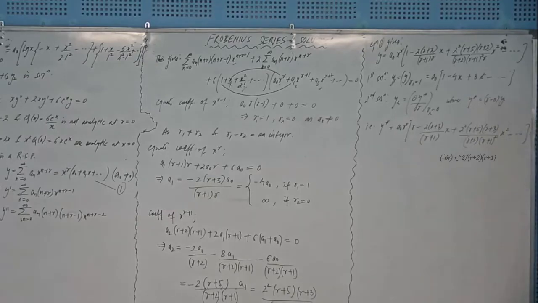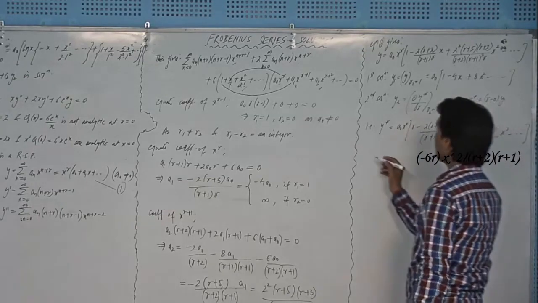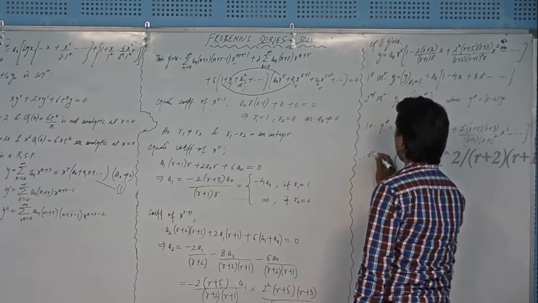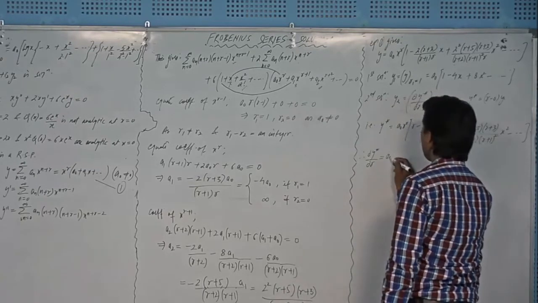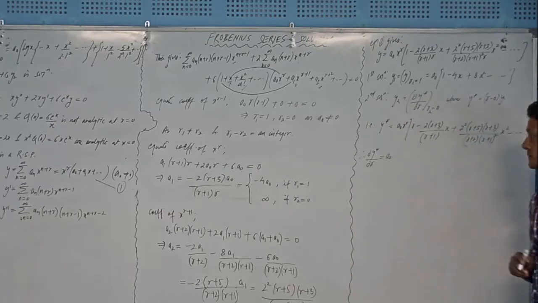So this is y star. Now I will differentiate this y star with respect to r. Therefore del y star over del r will be equal to a naught. You have to use that product rule, right?